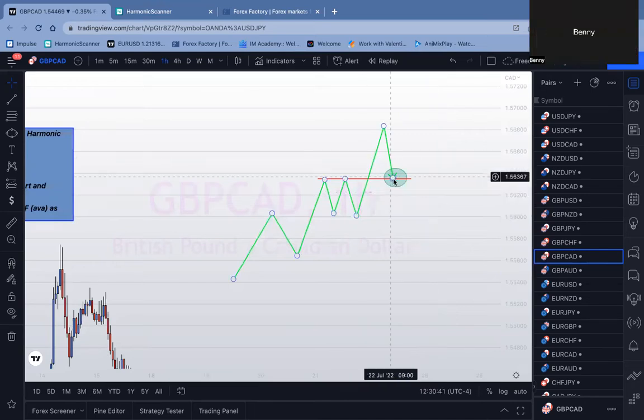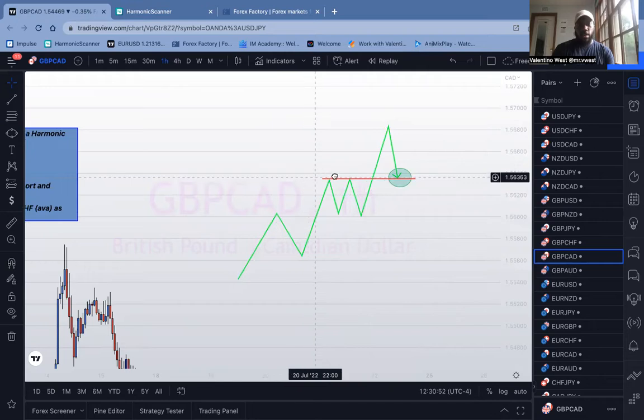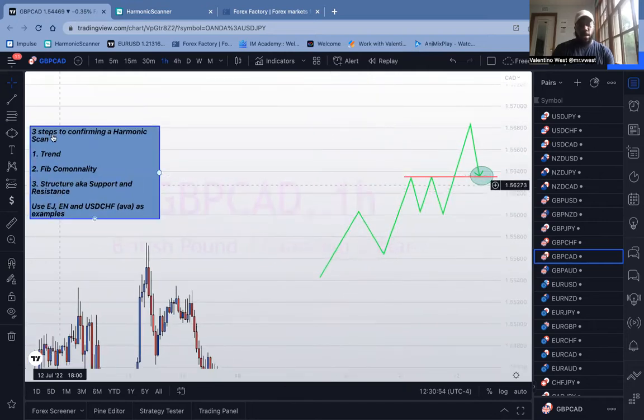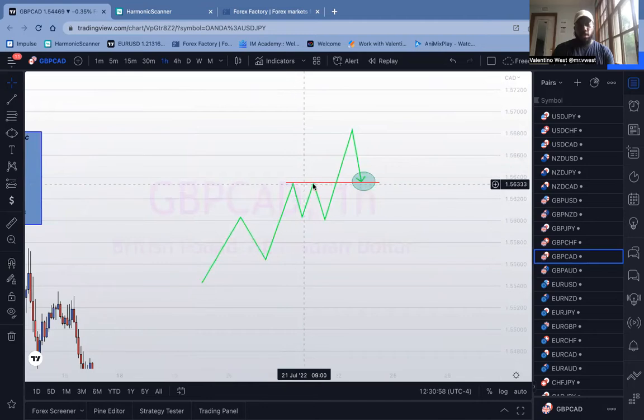Okay. So in this case, the market is in an uptrend. Let's assume that we have our fib. Well, we could fib this just to see. But the most important thing to illustrate the third step to confirming a harmonic scan is that there's structure. This is at a support area. That used to be resistance.